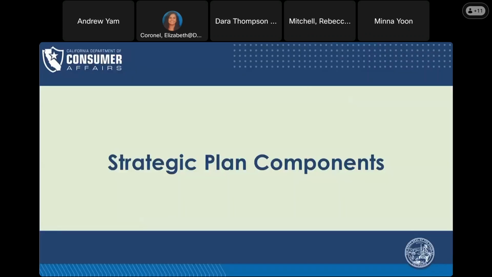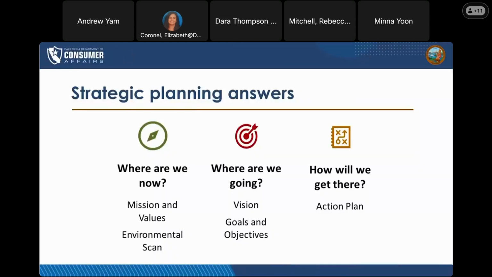So now let's take a look at the components of a strategic plan. Being more specific here, the process. The Department of Consumer Affairs uses the Department of Finance's strategic planning guide to provide a benchmark to evaluate the strategic planning process.